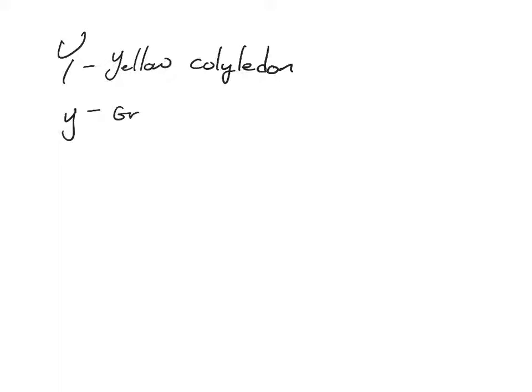Let's look at number 4. Number 4 says in the garden pea, yellow is dominant to green. So yellow is big Y, green is recessive. Agreed? Yes or no? Yes.